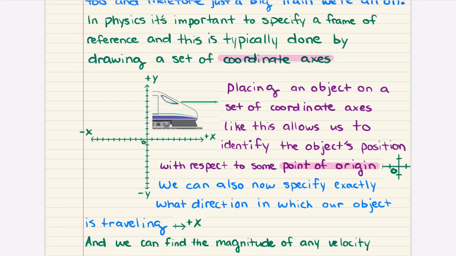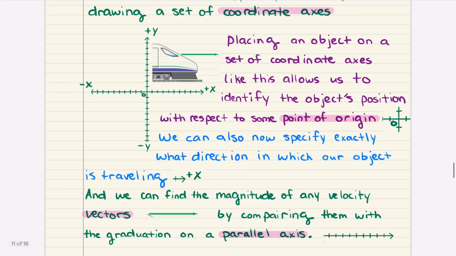It also allows us to specify exactly what direction in which it's moving if we have some velocity or acceleration vectors tied to it. That said, if we have those vectors tied to it, using the graduation on our coordinate axes, we can find the magnitude of any velocity vectors that are tied to it.